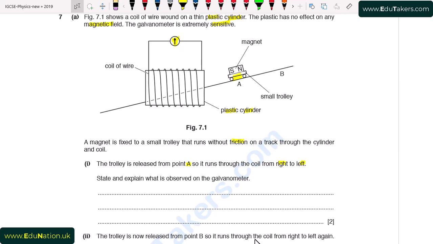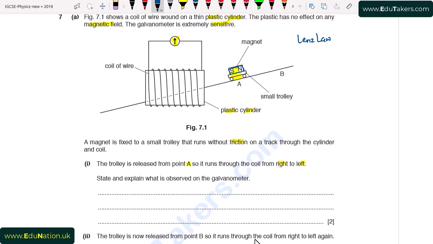So we can see in figure 7.1 that there is a trolley over which there is a magnet and it has two poles, north pole and south pole. So this trolley is moving towards this coil. When it moves toward this coil, what will we observe in the galvanometer? Here we use Lenz's law. According to Lenz's law, the induced current always flows in a direction such that it opposes the change that produces it.